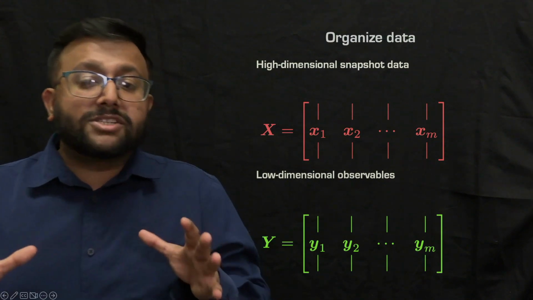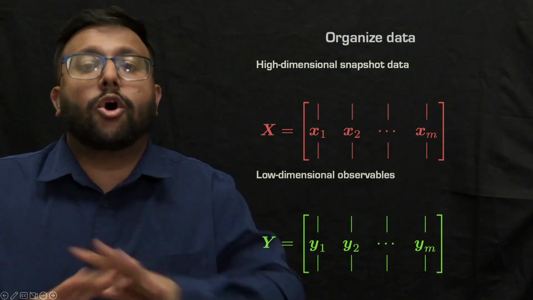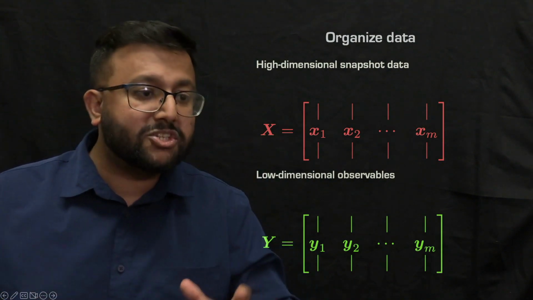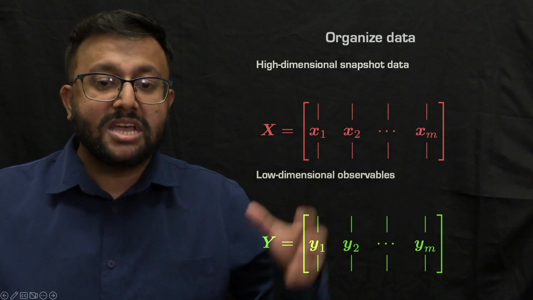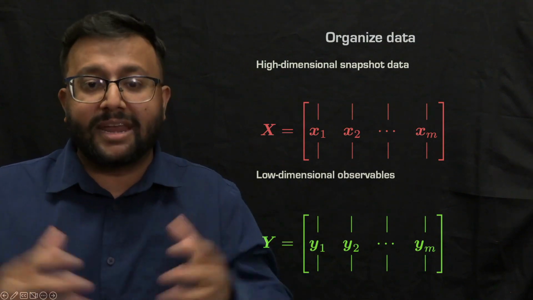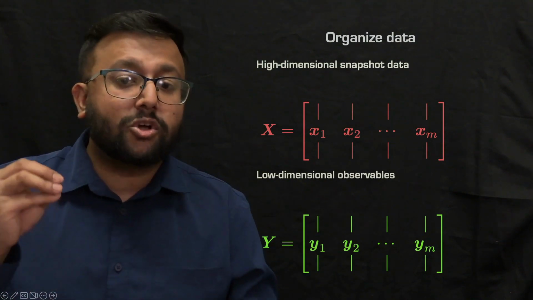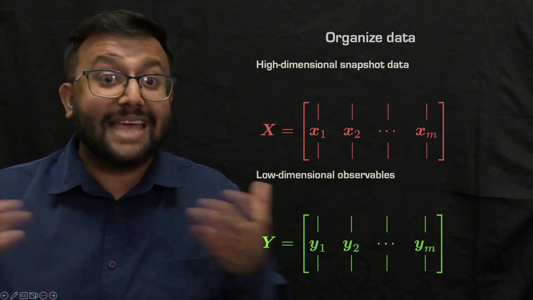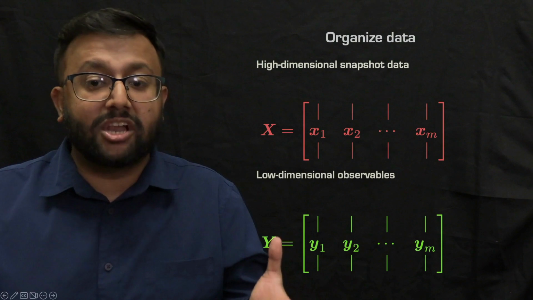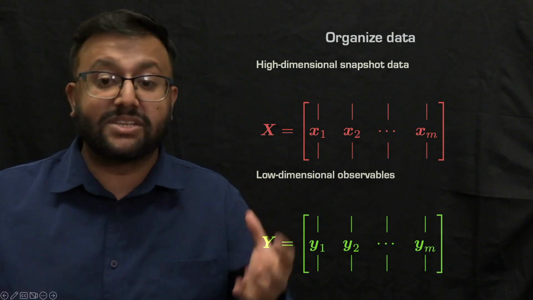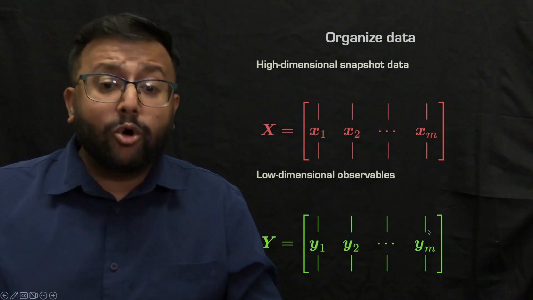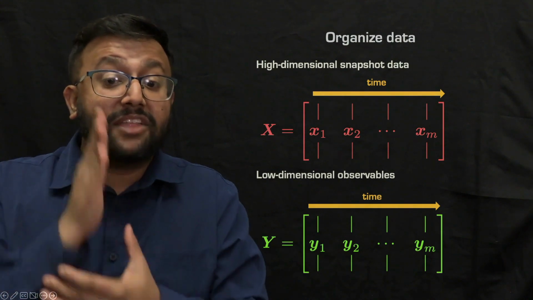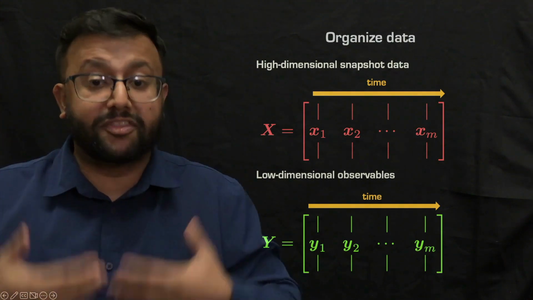In this slide, we are going to talk about how to organize all of this fluid flow data. You got this data from experiments, and you got this data from computations. How do we combine and organize this data? We're going to call the high-dimensional snapshot data that we collected X and the low-dimensional observables that we collected Y. For both X and Y, each column is going to represent the time evolution of the data.